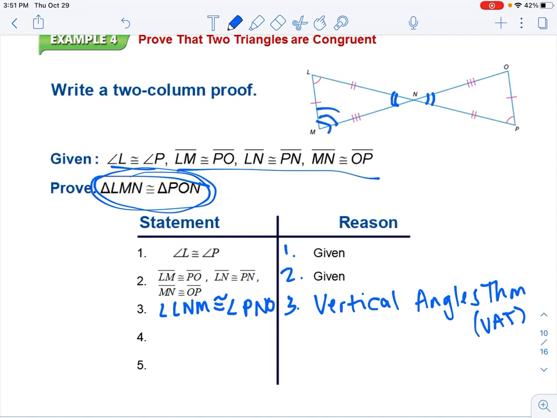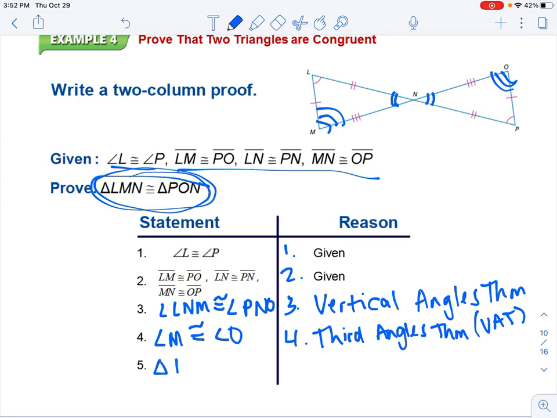But lucky for us, we just got a new theorem called the third angles theorem that tells us that these 2 angles are also congruent. So angle M is congruent to angle O by that third angles theorem. And now that we have all 3 sets of both sides and angles, we can go ahead and say that our triangles are congruent. And this is by our beginning statement that I had you highlight.